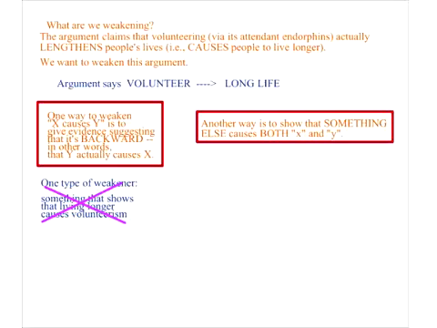But if you can say, if some quality is present in both, or if some quality contributes to both volunteerism and long life, then the argument is weakened.